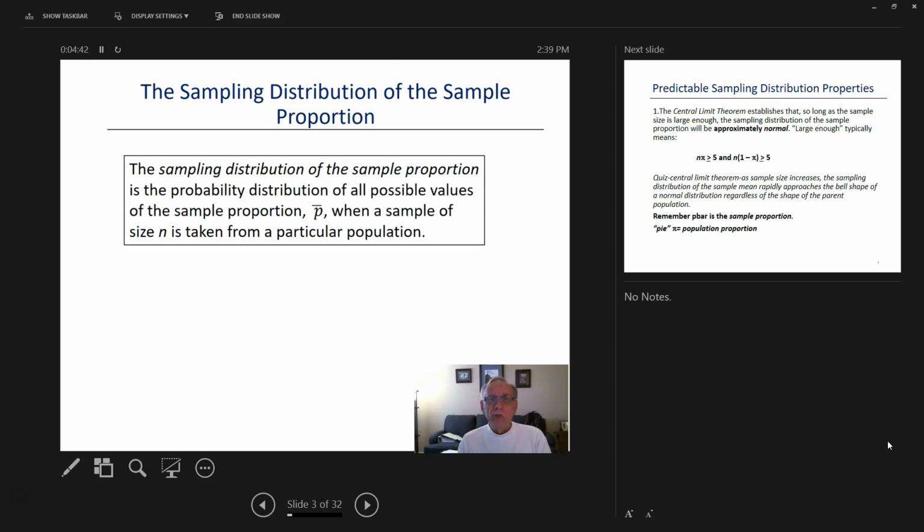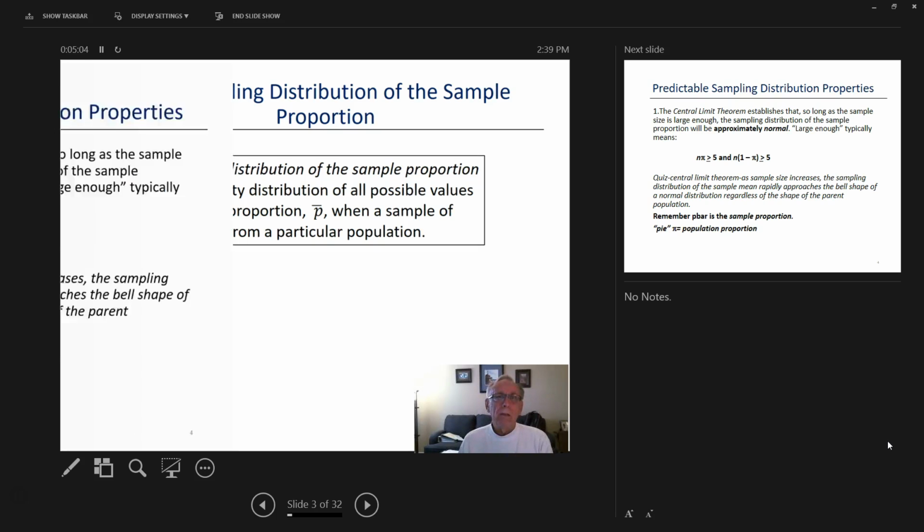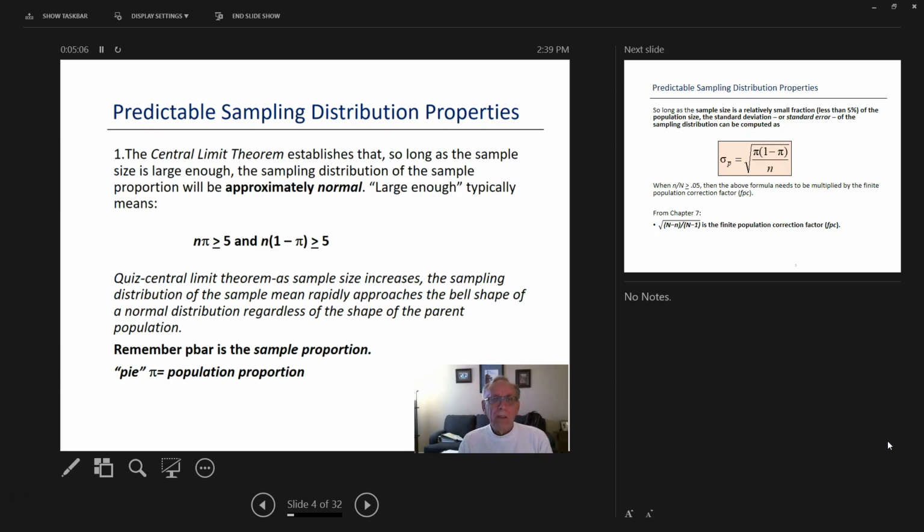So, a sampling distribution of the sample proportion is the probability distribution of all possible values of the sample proportion. We're going to refer to sample proportion as p-bar, when a sample of size n is taken from a particular total population. So, predictable sampling distribution properties.